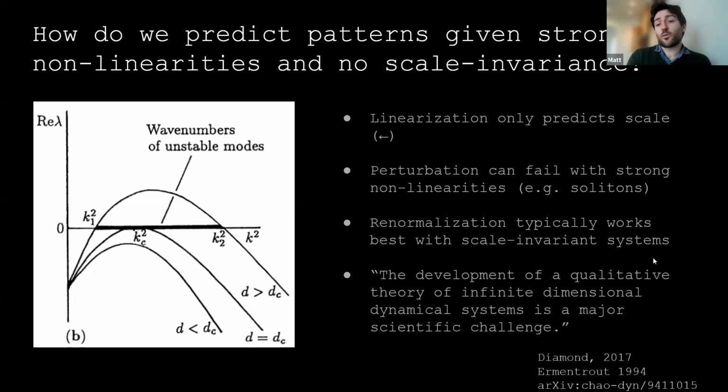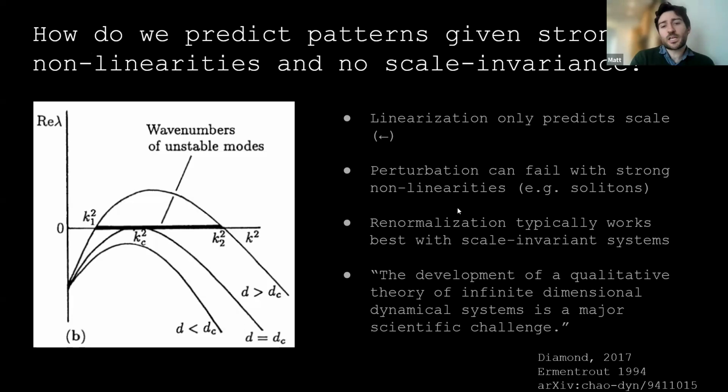The most recent theoretical work I'm familiar with is in renormalization. In general, that also works under the same assumptions that the perturbative framework does, but it tends to struggle when there's scale coupling.